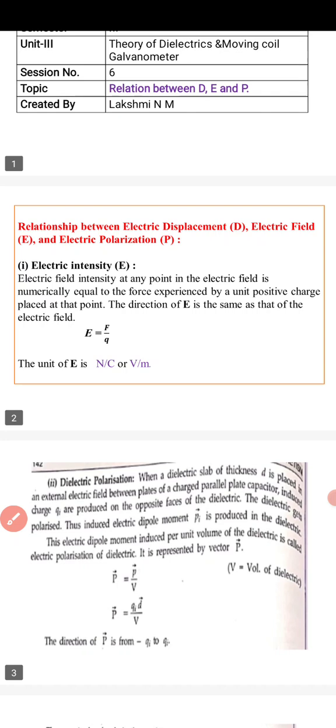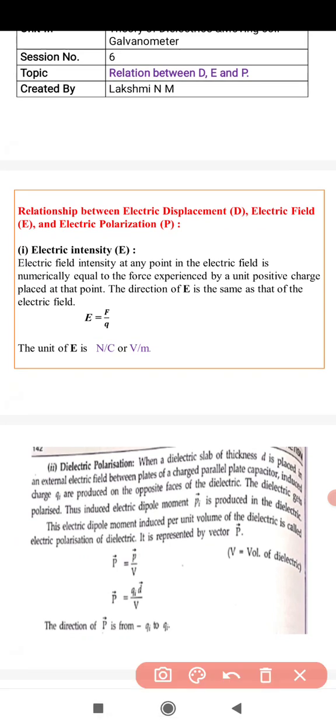It is represented by E equals F divided by Q. F is the applied force, Q is the unit positive charge. F is measured in Newton and charge is measured in Coulomb. Therefore, electric field intensity is measured in Newton per Coulomb or volt per meter.